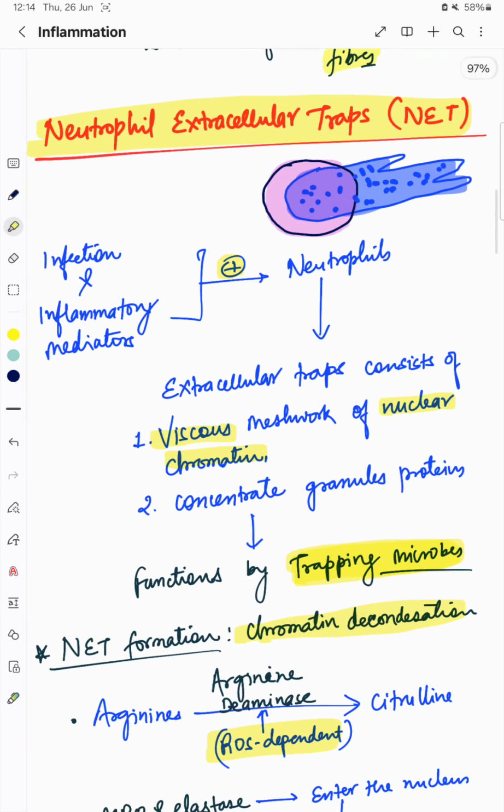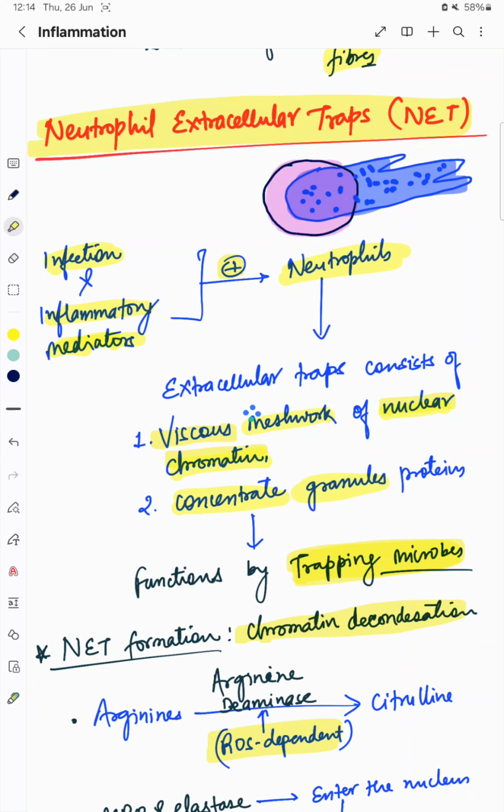In infection or with inflammatory mediators, neutrophils are stimulated to form extracellular traps which consist of a viscous meshwork of nuclear chromatin and concentrated granule proteins.